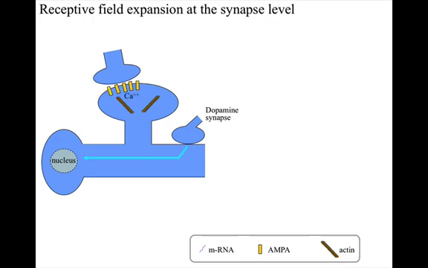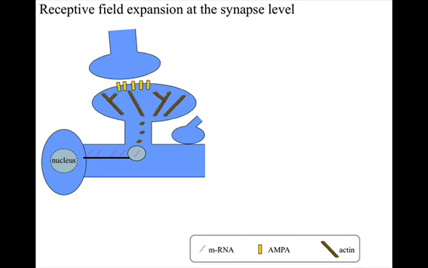If the dopamine synapse receives an action potential while the AMPA density is still high, it sends a signal to the nucleus of the neuron where the DNA is located. This signal encourages the synthesis of messenger RNA that codes for actin, transport of that mRNA to the region of the spine, and local synthesis of actin. The actin polymerizes in the spine, driving an increase in its size and extending the duration of the synaptic weight change.